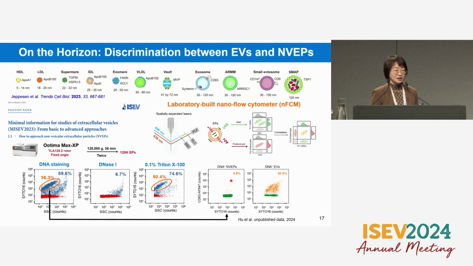So we designate this population as NVEPs. Of course, more studies are needed to characterize what proteins are carried by this fraction.